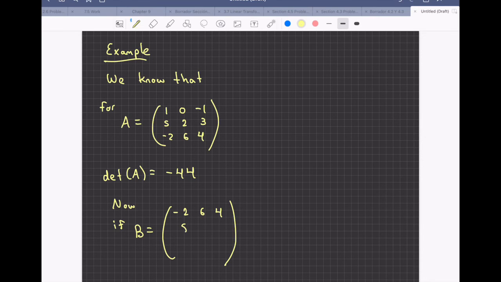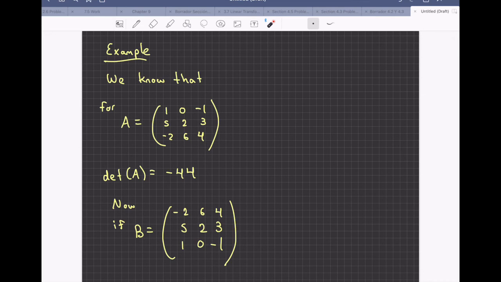Row 2 as it is, 5 2 3, and row 3, row 1, 1 0 negative 1. So you see this matrix is the same as this one, but the only difference is that I interchanged this row by this row, the order, row 1 by row 3.